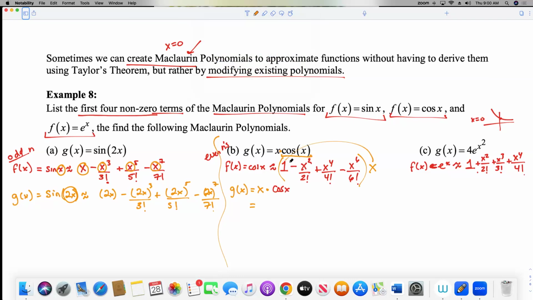So x times 1 is x. x times this part is going to be x cubed over 2 factorial plus x to the 5th over 4 factorial. Be careful. Minus x to the 7th over 6 factorial. And we're done.